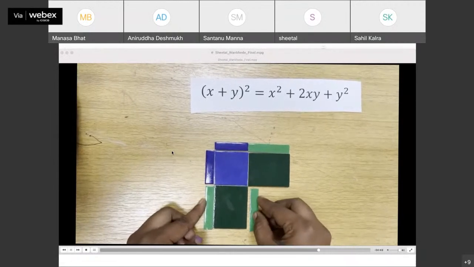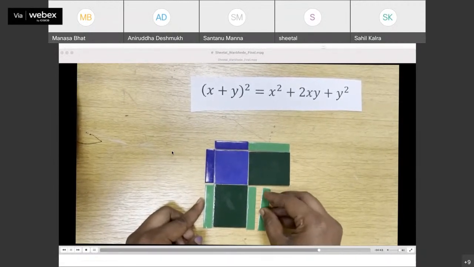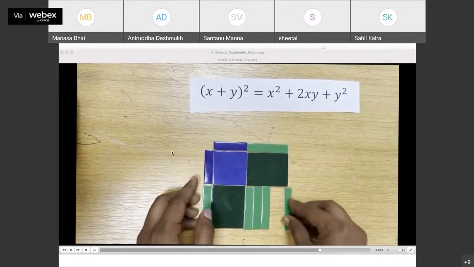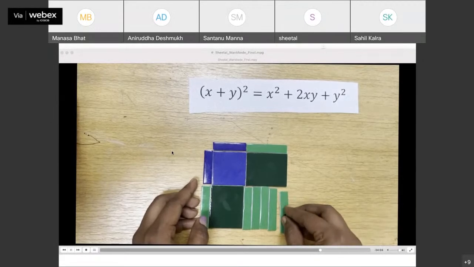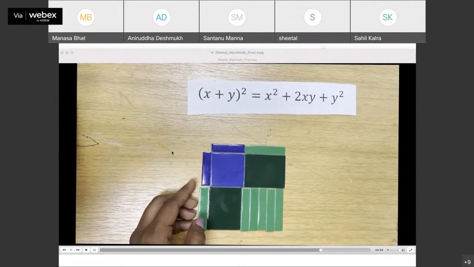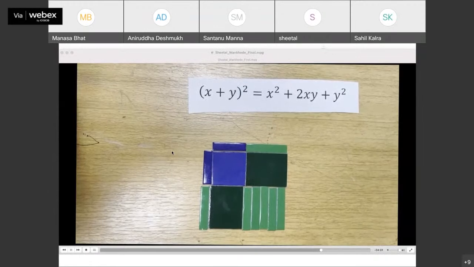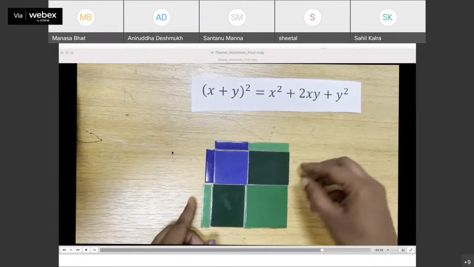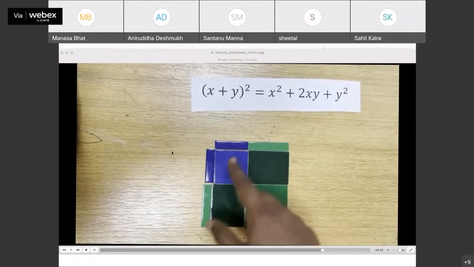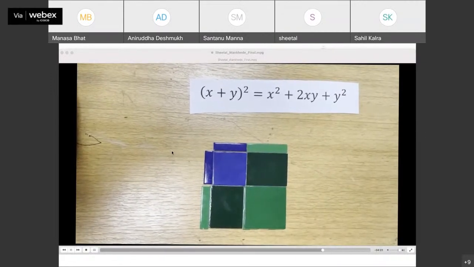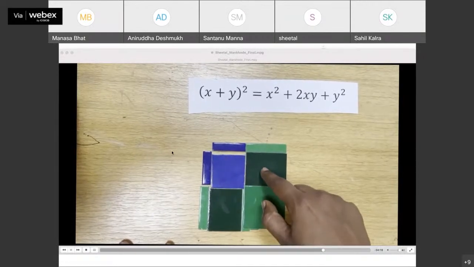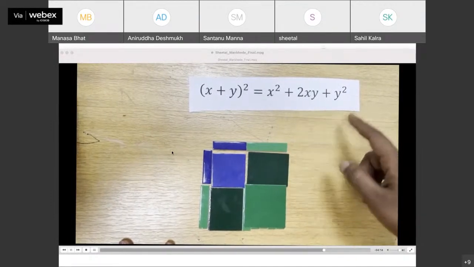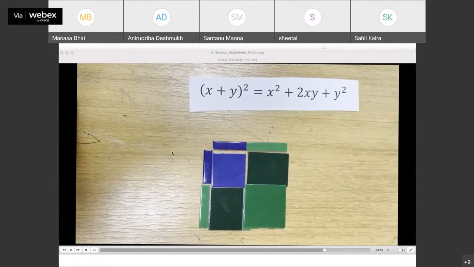Again, compute this area. Now if you see both the sides are y, so this gives you a square of area y square. That means the total area of the rectangle is x square plus xy plus xy plus y square. That means x square plus 2 times xy plus y square.